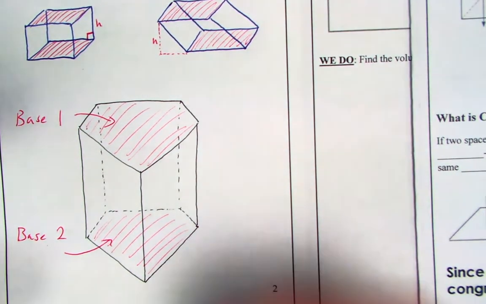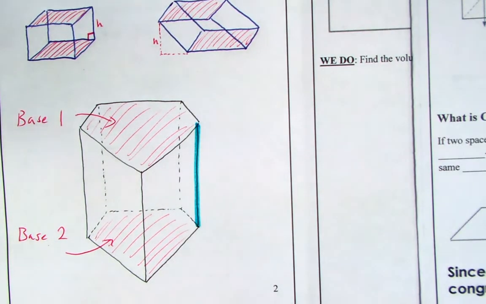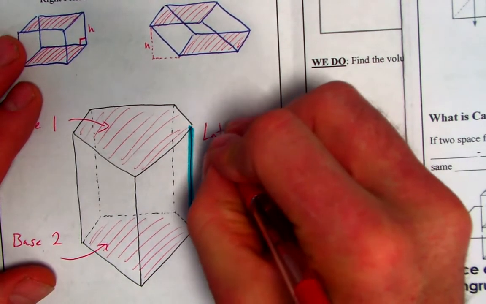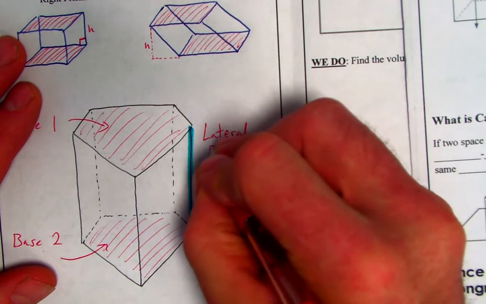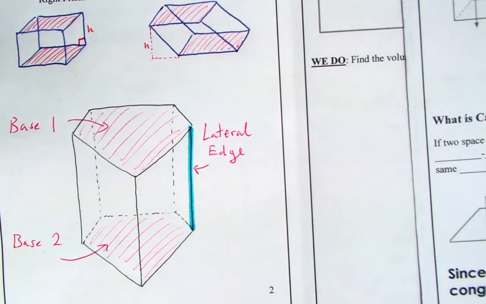Okay, now we have just an edge, and we call this one a lateral edge. So that's this piece right here. I don't think I have another highlighter close by.